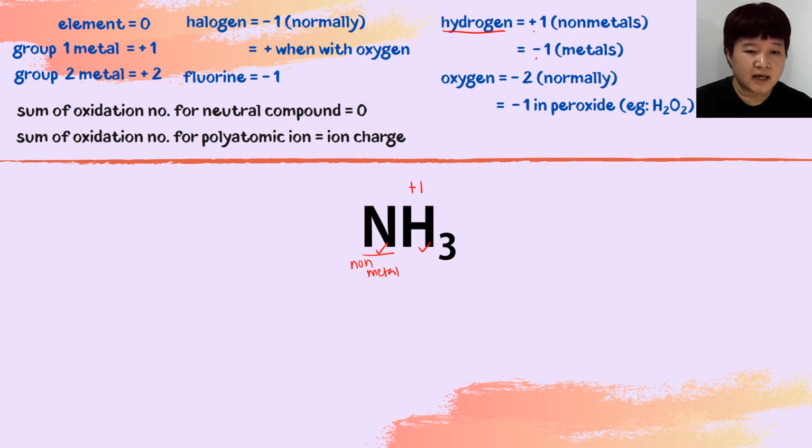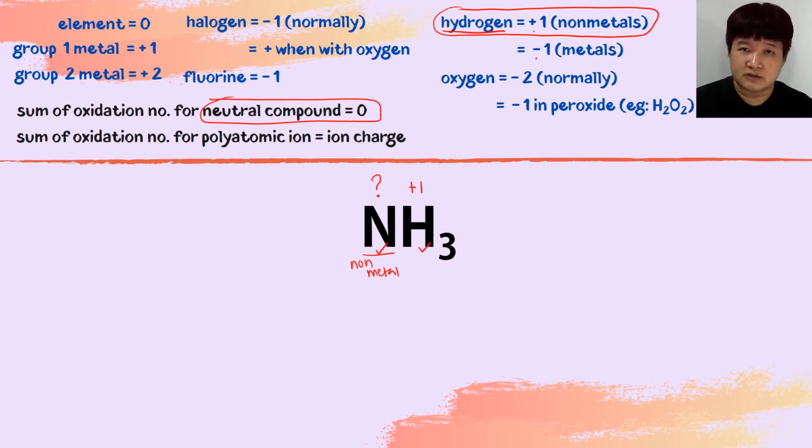If you look at nitrogen, none of our rules mention nitrogen. So how do we know nitrogen? That is the case where calculating oxidation number is important. We can work out the oxidation number of nitrogen by using the rules above. Hydrogen must be positive 1 when it's with a non-metal. The neutral compound must equal 0.